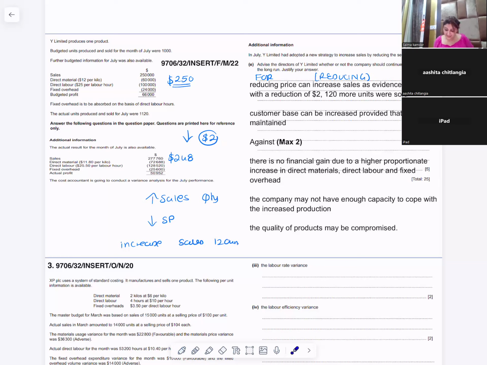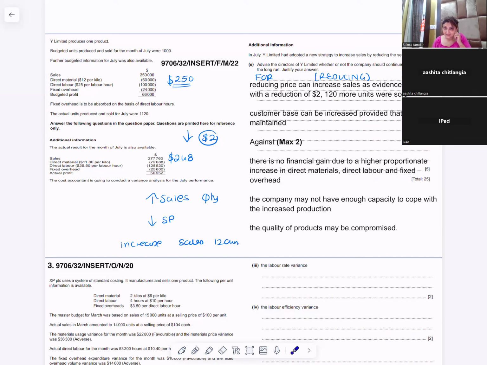If I reduce the selling price, first my profit is reducing. So if the profit is reducing, there is no financial gain, because even if I am selling more, I will end up spending more on direct material, more on direct labor, and more on fixed overheads.